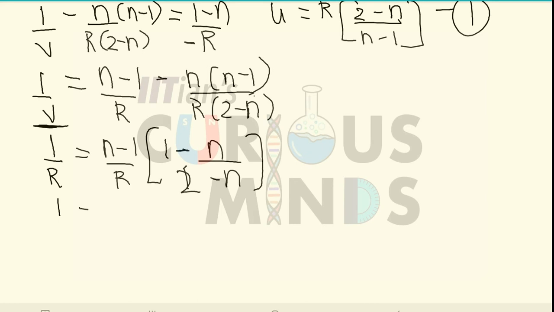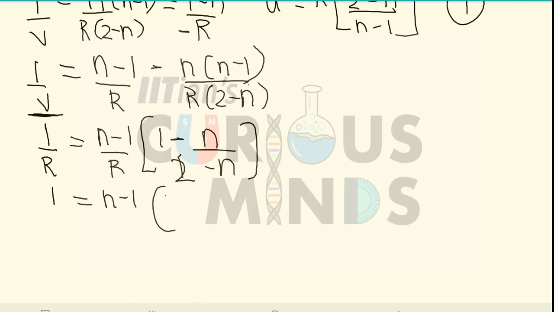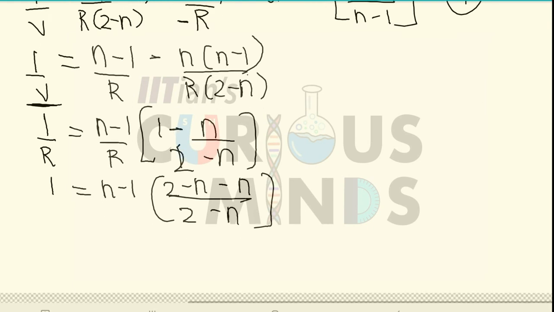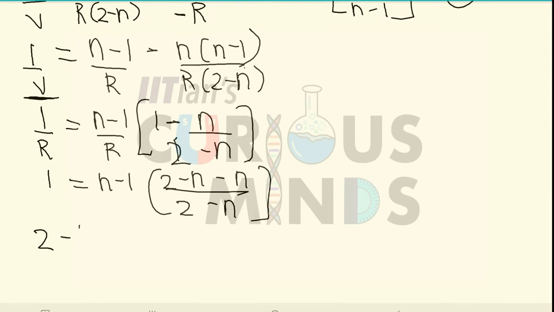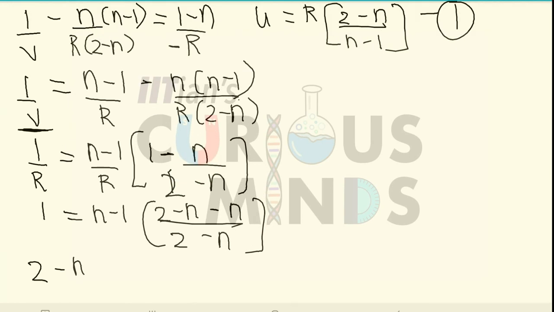So I can say 1 will be equal to n minus 1, and this part will be equal to 2 minus n, into 2 minus n, divided by 2 minus n. Over here it will be equal to 2 minus n. So I will shift the 2 minus n to the left hand side. Minus will become plus.